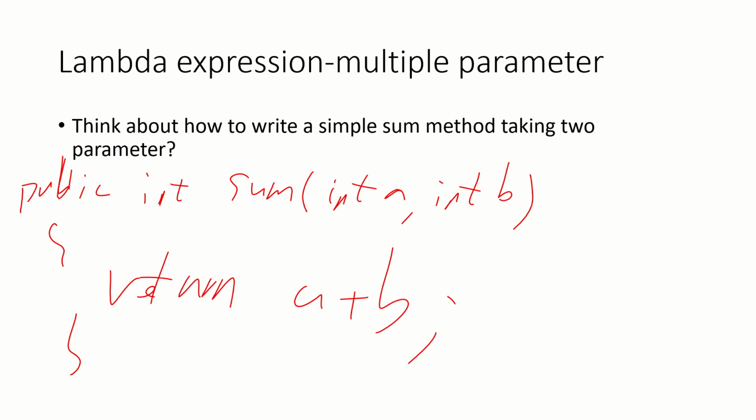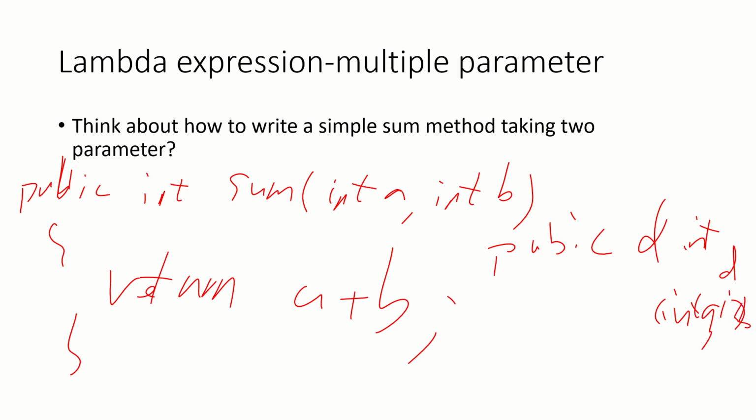Then if we want to write a delegation, how do we write? So we need a delegate, right? So public delegate int, delegate name with int a and int b, right?